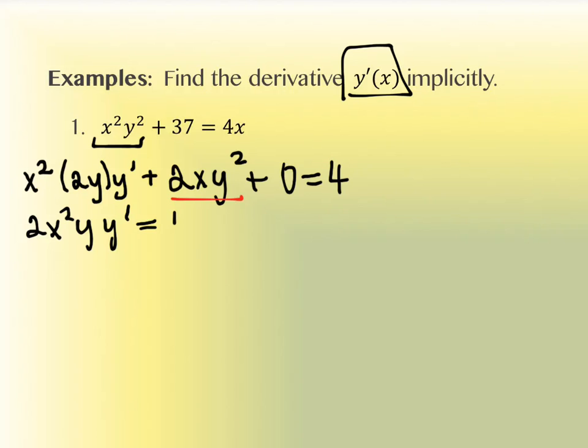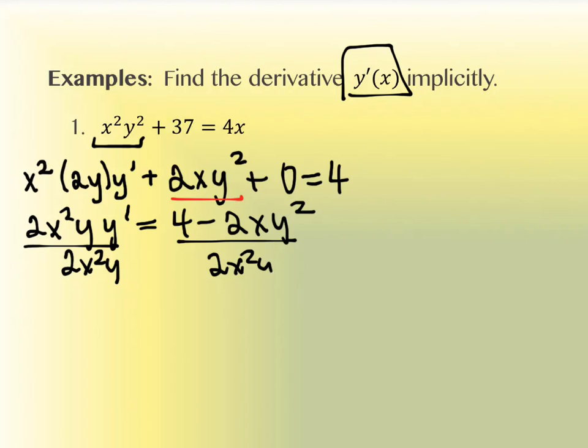So this is equal to 4 minus 2xy squared. I want y prime alone. Right now y prime is multiplied by 2x squared y, so what do I have to do? Divide by 2x squared y.